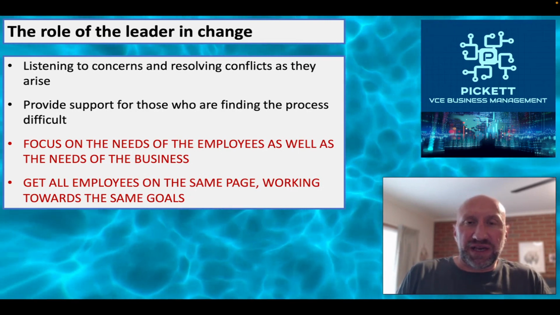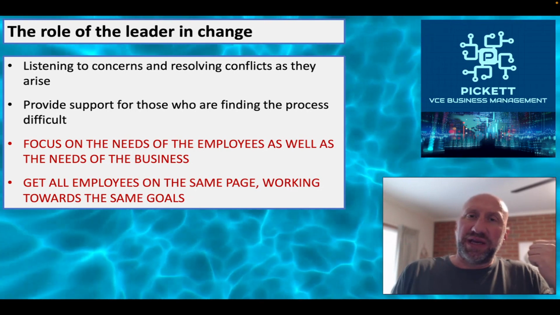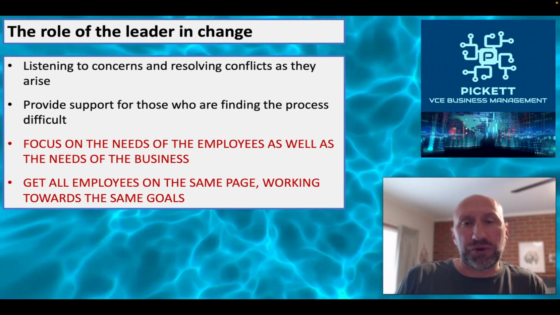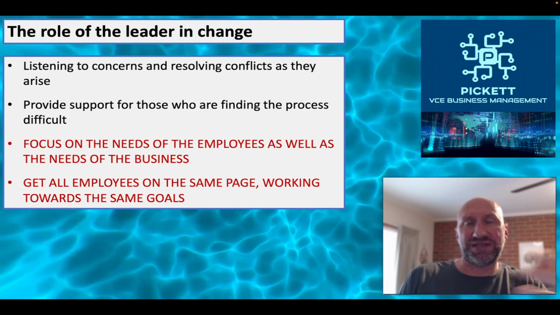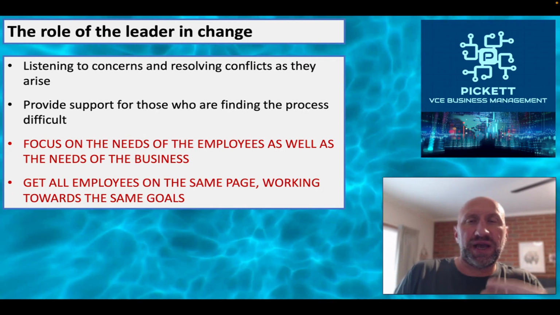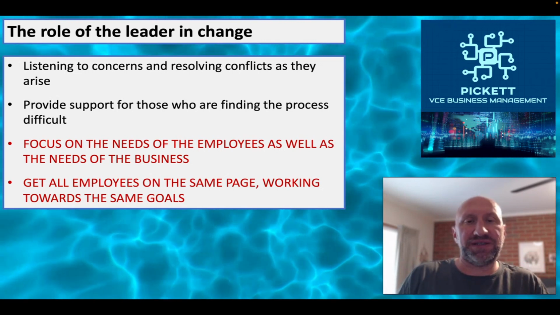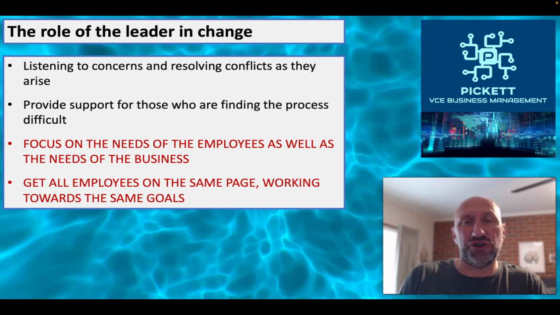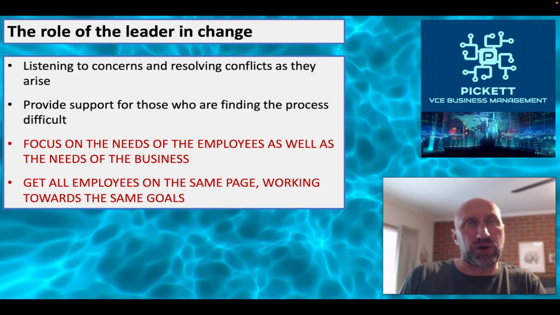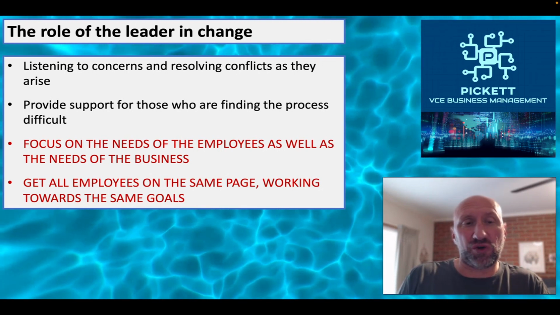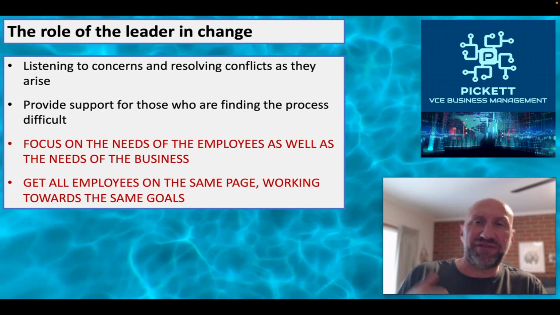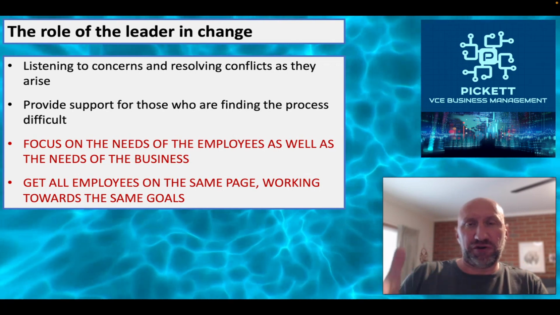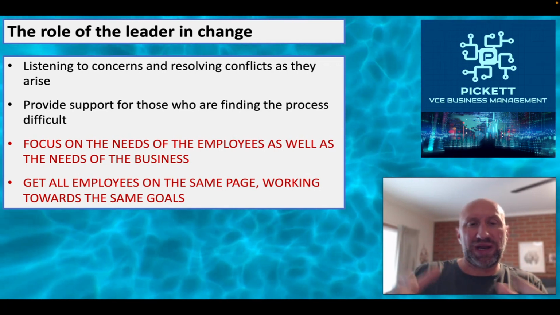Okay. I guess fundamentally, again, it's really, really important in times of change that the needs of the employees become a focus as well as the needs of the business. Okay. I mean, that should always be the case, but because change is such a challenging thing to do and a thing that employees find difficult and struggle with, even more so than in normal circumstances, there needs to be a real focus on the needs of the employees as well as the needs of the business.